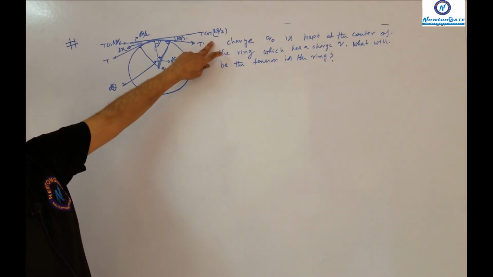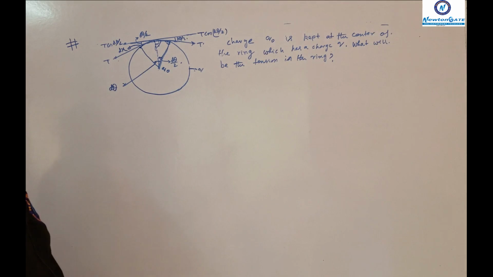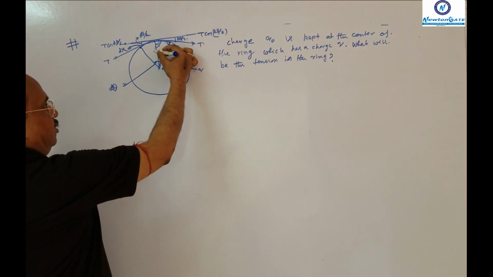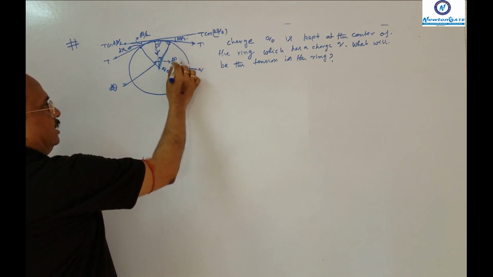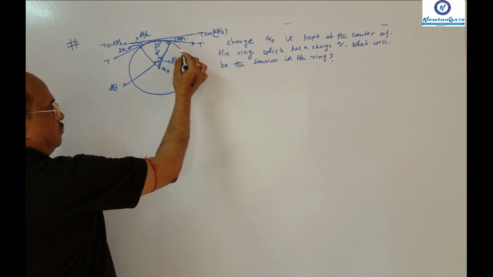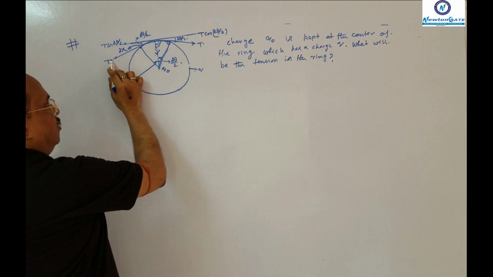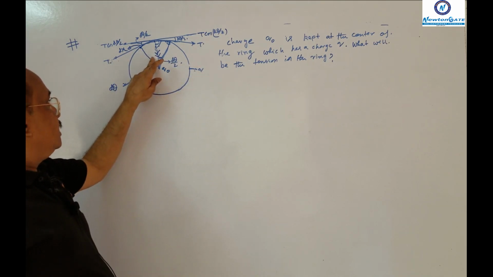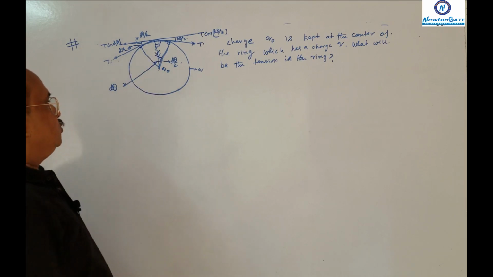So T cos d theta by 2 and T cos d theta by 2 cancel each other, but another component of this T is along this direction, that will be T sin d theta by 2, and another component is along this direction, also T sin d theta by 2.